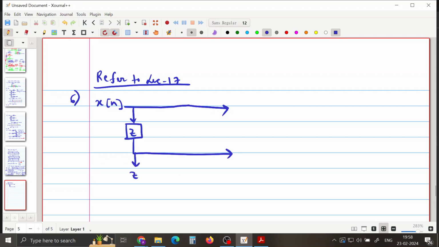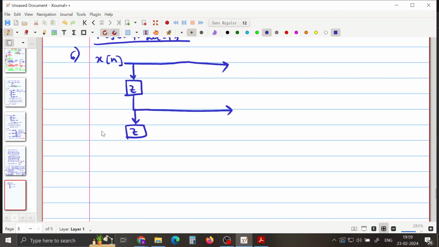We have another advance block. The first branch is just a straight line. There is no operation being done here, so this is the same as x of n, which I will denote by s0 of n. That corresponds to the 0th branch, or basically the first branch. So s0 of n is the same as x of n.